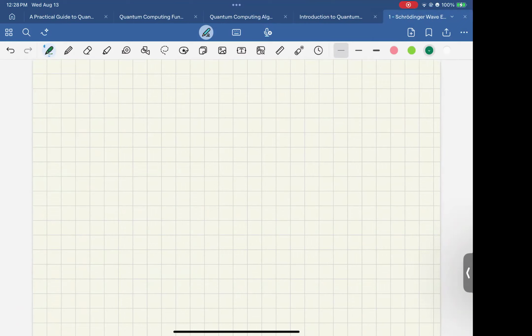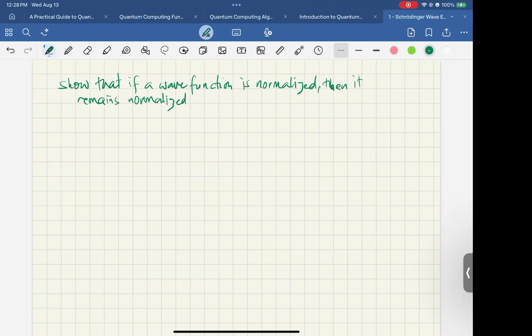Okay, so let's show that if a wave function is normalized, then it remains normalized for all time.